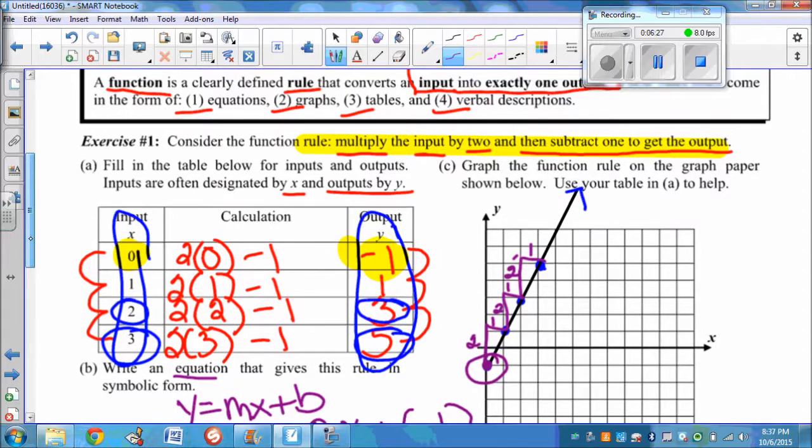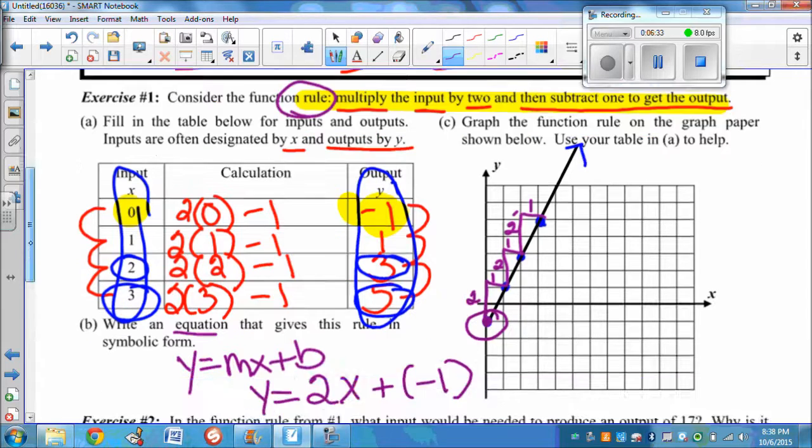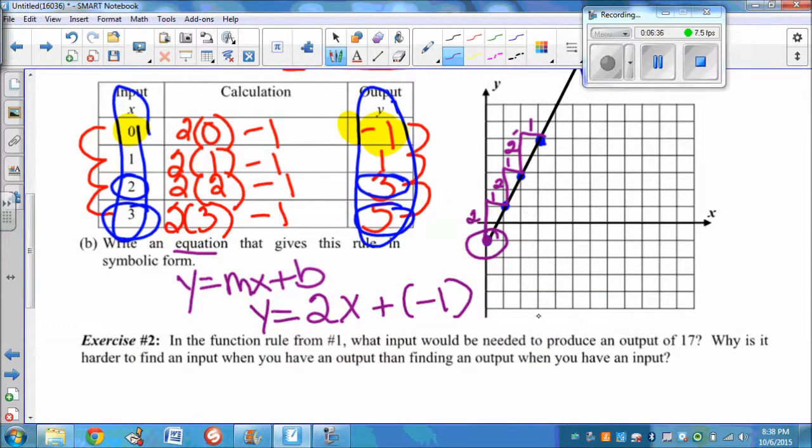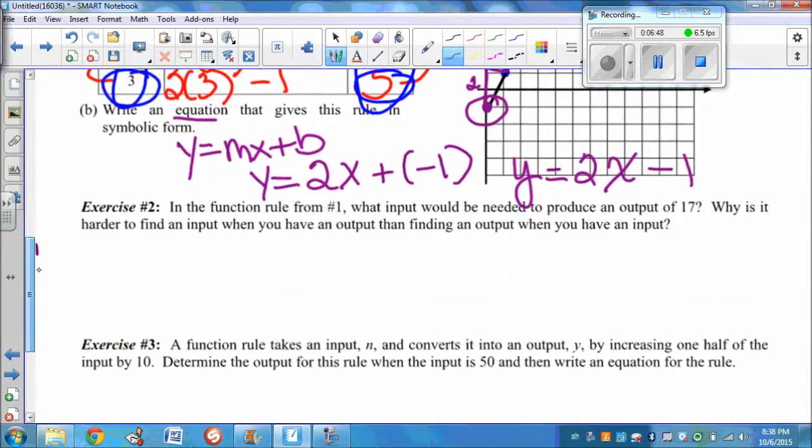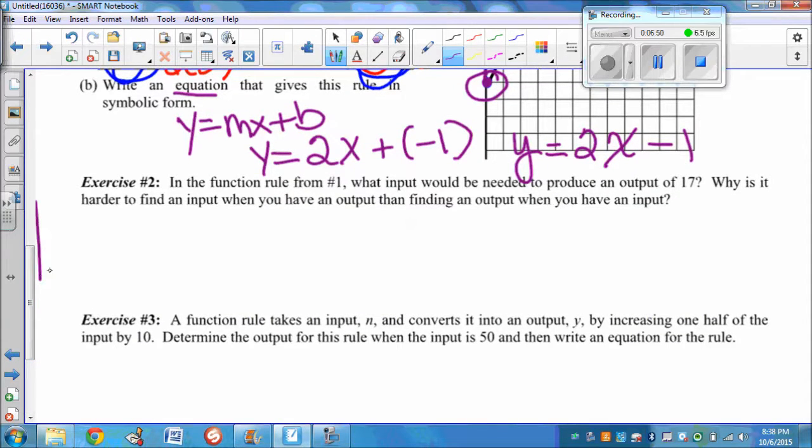Well, wow, back up here our rule says multiply the input by 2 and then subtract 1. Isn't that exactly what's happening down here? To get our output, we're multiplying our input by 2 and subtracting 1. So those patterns are not a coincidence. Okay? Pretty cool.